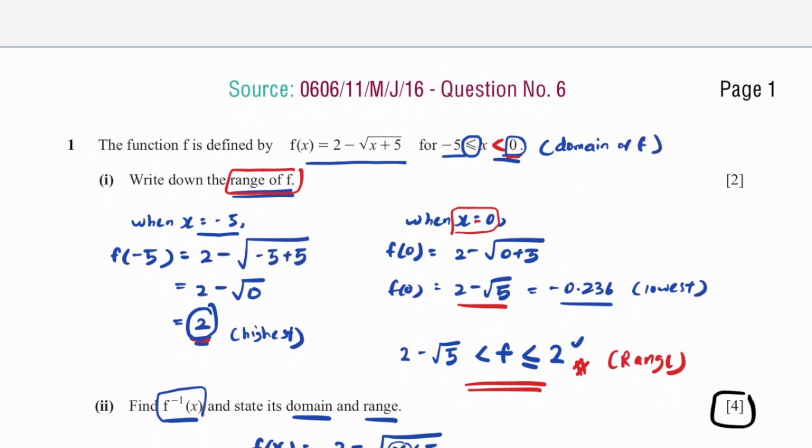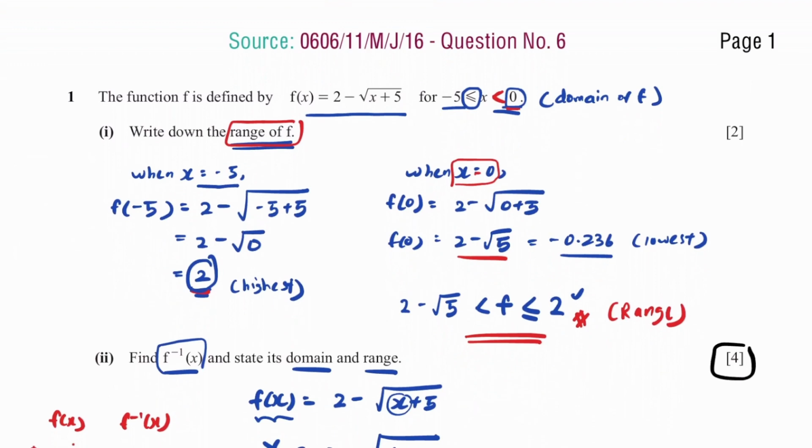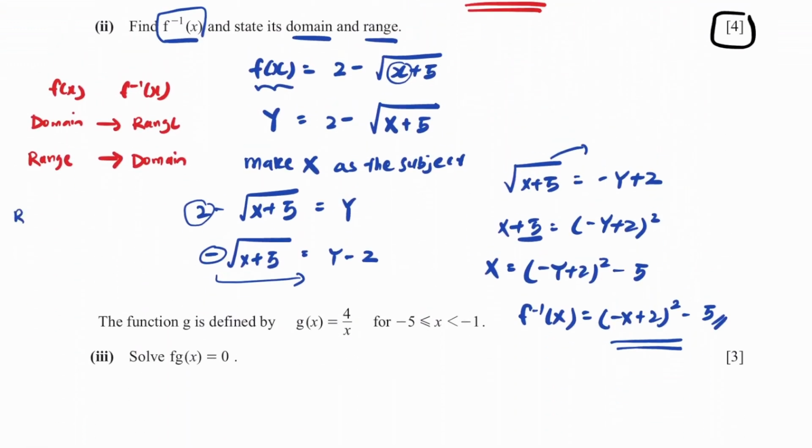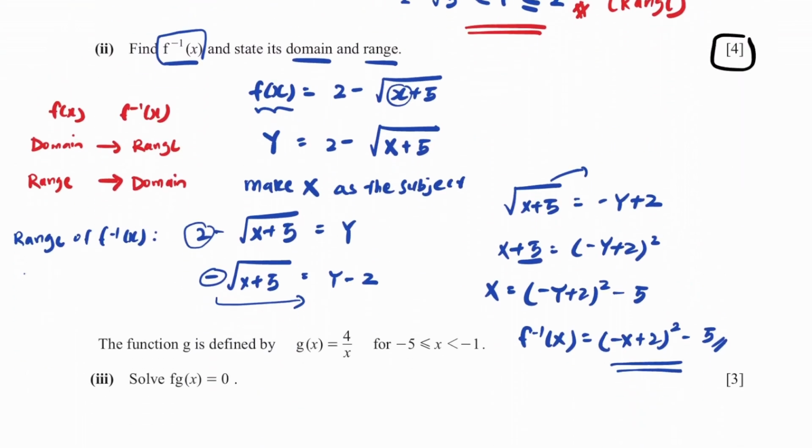So when you switch it to the inverse, this should be the range. So the range of our inverse should be negative 5 less than or equal to f inverse of x less than 0. This should be the range.